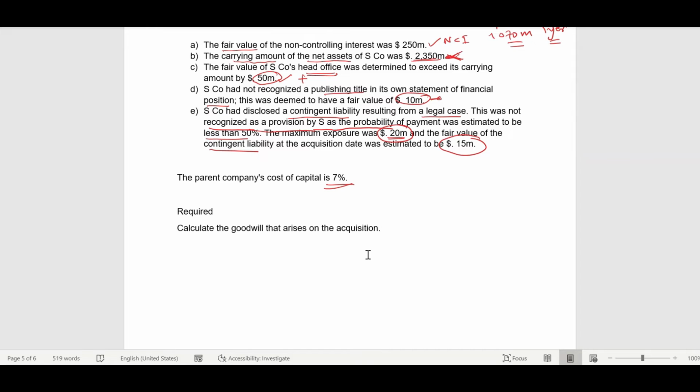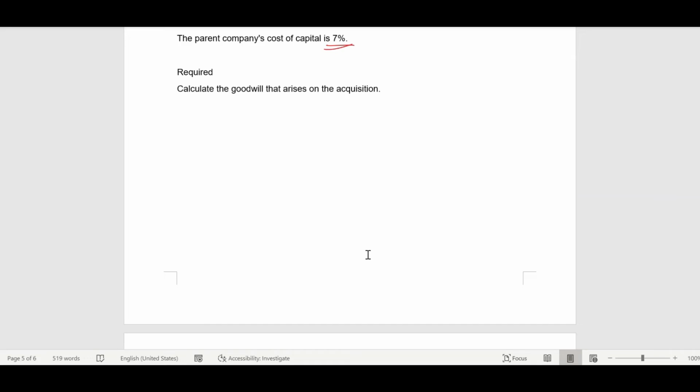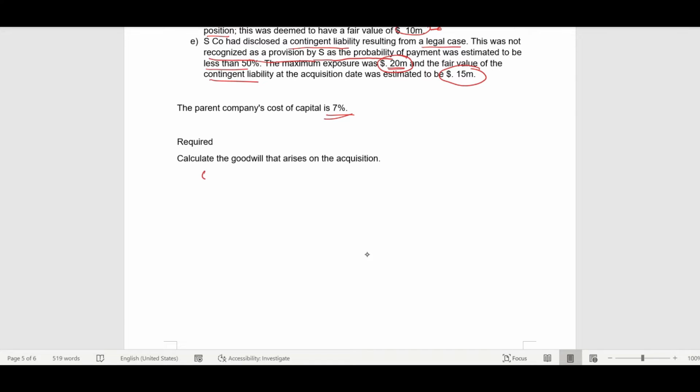Okay, now let's calculate the goodwill. First of all, the consideration transferred. How much was the consideration transferred? There are two components.